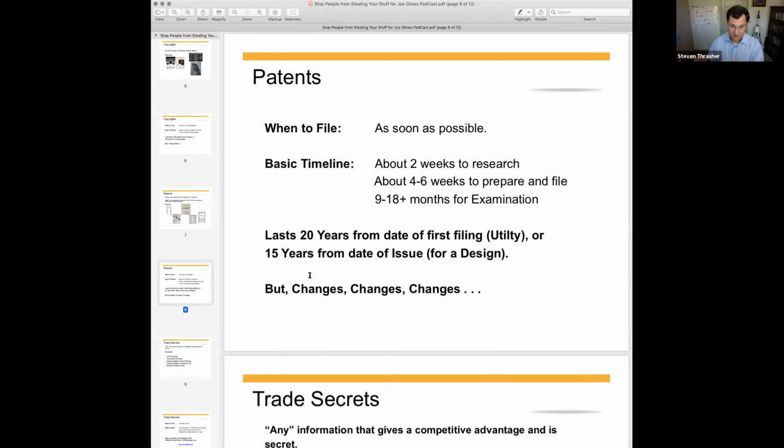Then once you're in the examination phase, it can last months and it can last years. And there's almost no way to predict how long that wait will be. There are 5,000 examiners. I will frequently tell clients that means that there are actually 5,000 patent offices, because some of the rules about patent allowance are kind of subjective.